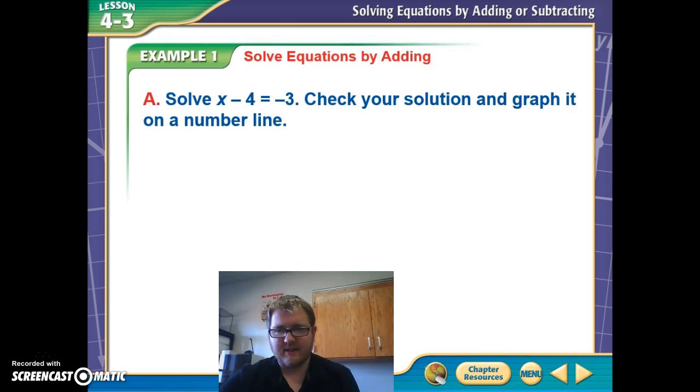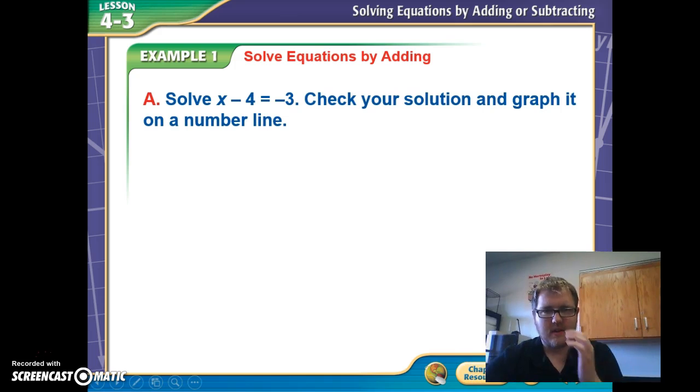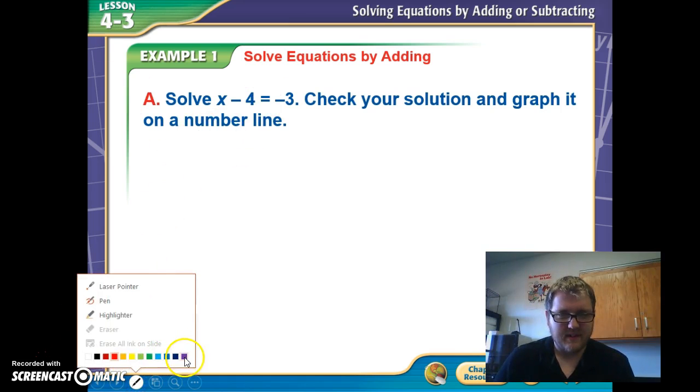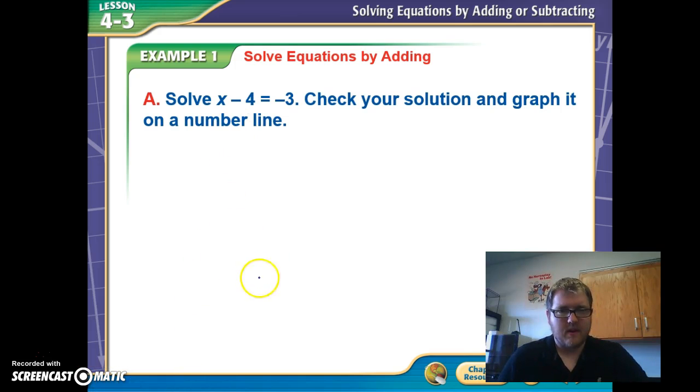So let's look at an example here. Solving equations by adding. We have x minus 4 equals negative 3. So what we're going to do, we're going to use our addition property of equality to do what's called isolating the variable.